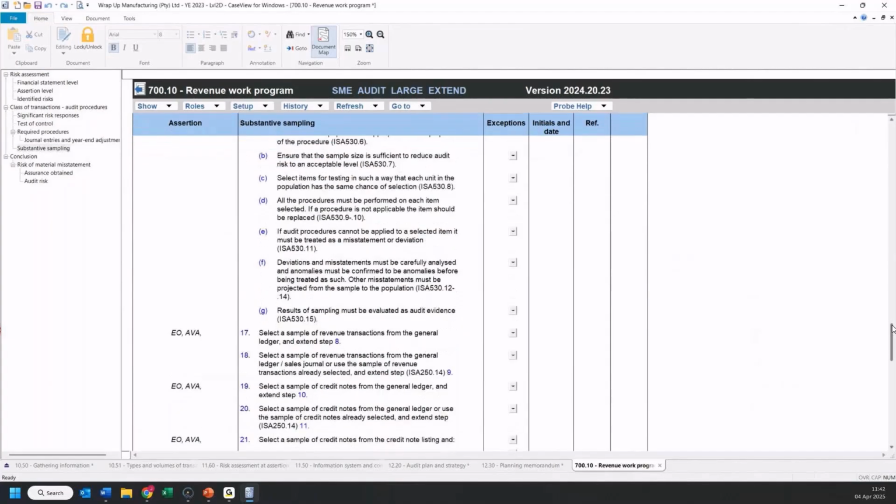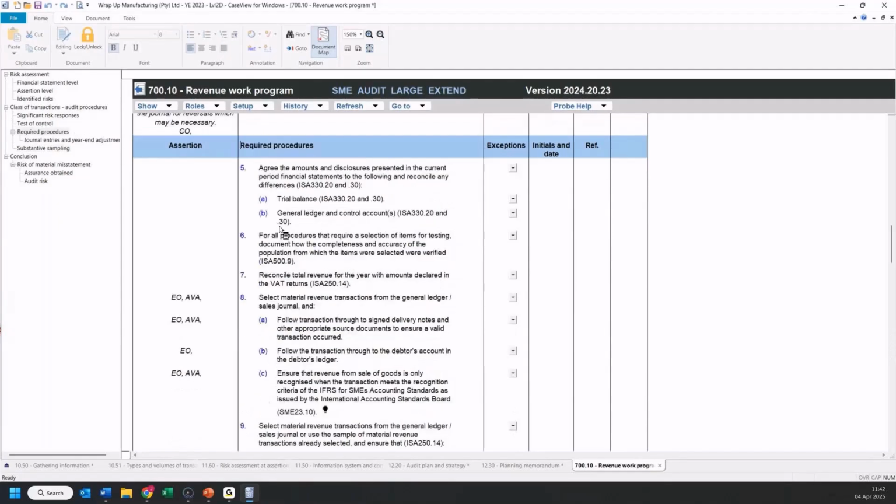What you will also notice is that there are procedures here under the sampling section that says select a sample of revenue transactions from the general ledger and extend step 8, extend step 9, extend step this and that. So if I'm not going to do those steps, then I can actually just hide them. Right. So I can go and have a look at what is step 8 going to be under the required procedures. Let's see, step 8: select material revenue transactions from the general ledger and follow through to the signed delivery notes, other appropriate source documents, etc. Hang on.